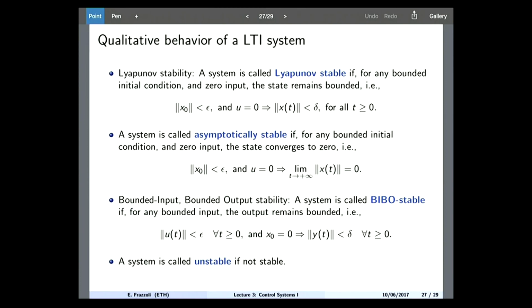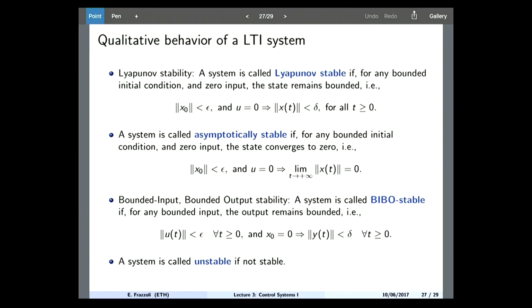Now, as we have seen, the general response is given by some linear combination of exponentials, real exponentials, or complex conjugate exponentials, that is, sinusoids with exponentially increasing or decreasing amplitude. And then you may have terms that are multiplied by t, and terms that match the input.